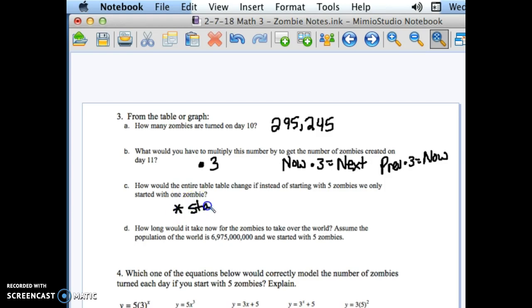Starting with 1 instead of 5. We think it will be a lot smaller.